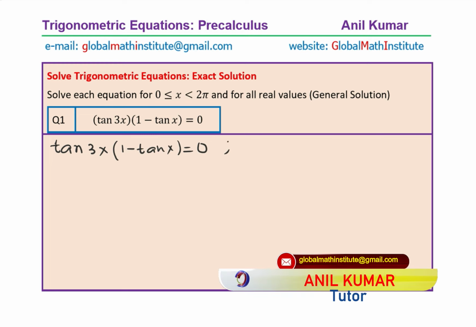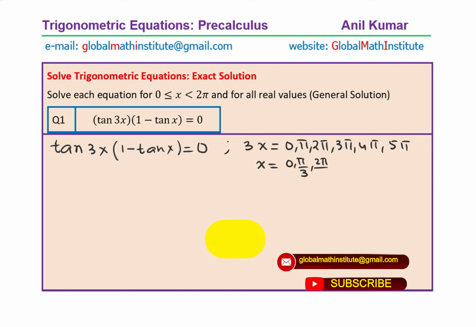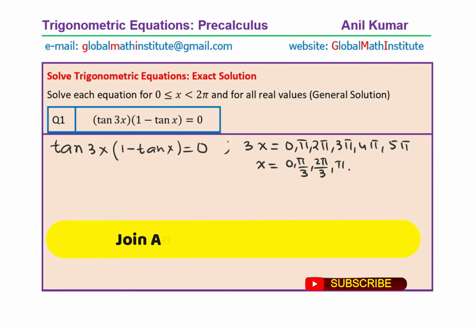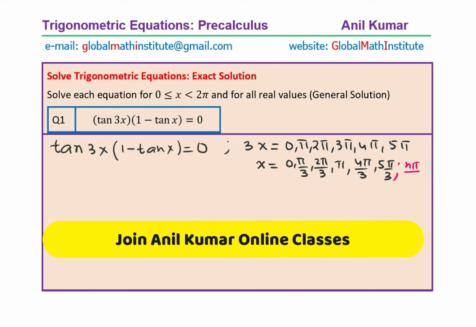And we found one solution, that is 3x is equal to 0, pi, 2 pi, 3 pi, 4 pi, and 5 pi. And that gives us x equals 0, pi by 3, 2 pi by 3, 3 pi by 3, which is pi, 4 pi by 3, and 5 pi by 3, correct? And in general, we got this formula as n pi by 3, correct?